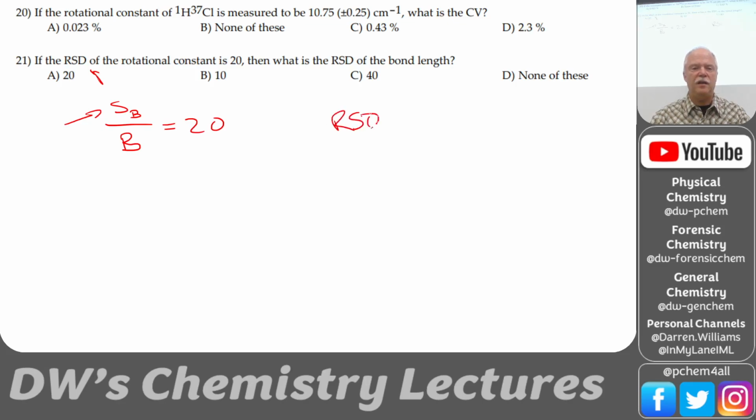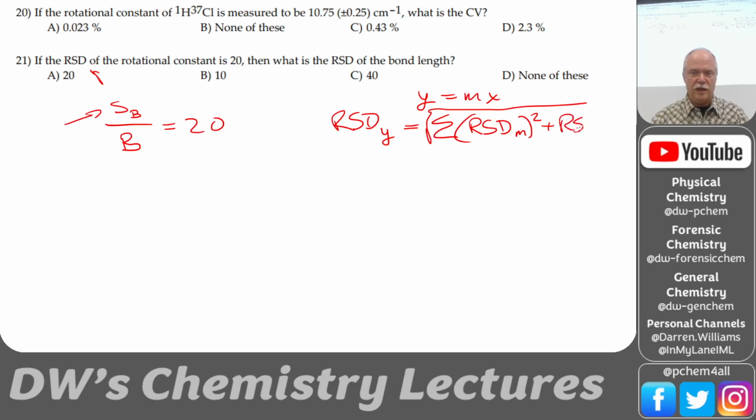So the RSD, if we have y equals mx, the RSD in y is equal to the square root of the sums of the RSD of m squared plus RSD of x squared.